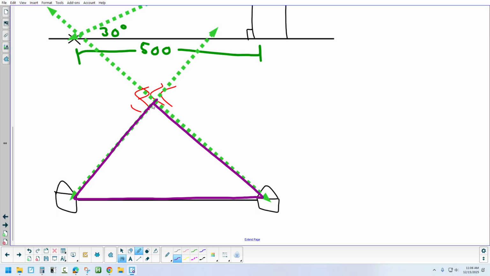Okay, so there's a couple different things we can do with trig. Different things in this triangle we'll talk about are the sides, there's always 3 in a triangle, and the angles. Today we're going to start talking about just the angles.